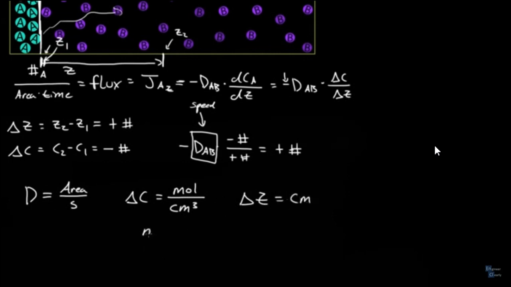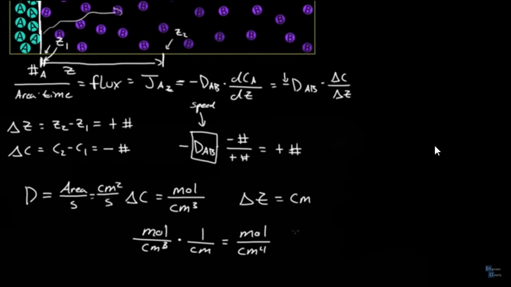So then we have moles per centimeter cubed times the inverse of the change in length, centimeters, and that will give us moles per centimeter to the fourth. And that's really odd, so that's why they actually have this, where this is actually centimeters squared per second.